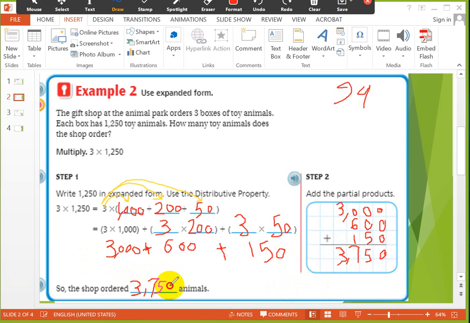Okay, girls. Now, if you finish this page or this example, type 1 in the chat box. If you have any question about this example, type it also in the chat box, please. Yes, dear.